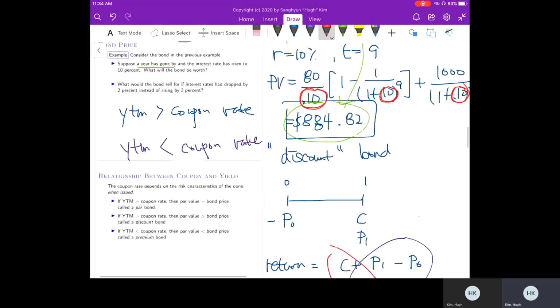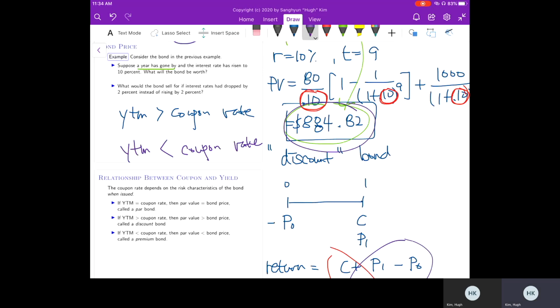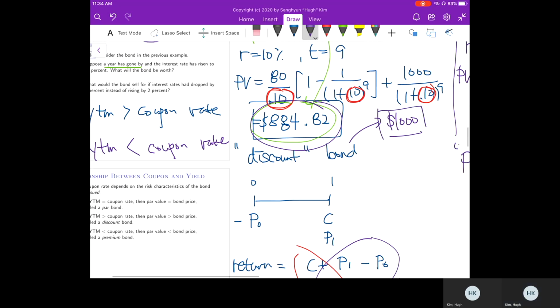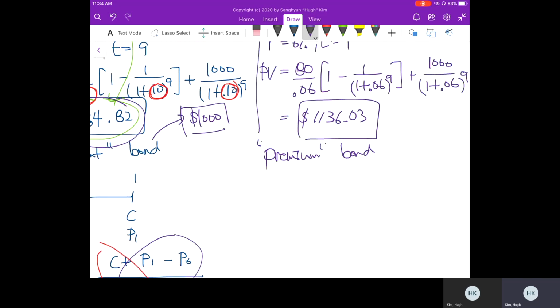So in the previous example, discount bond, if the level of interest stay at the same level, then bond prices would converge to the face value, gets closer and closer to the face value, which is $1,000. Similarly, the premium bond, the prices would converge to the face value over time if interest rates stay at the same level.